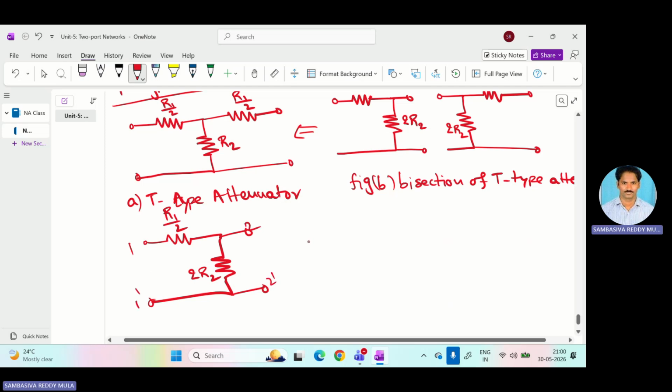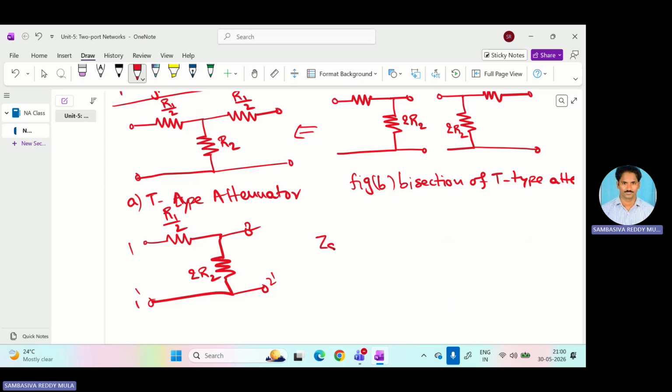Now, what is its short circuited impedance? ZSC is equal to the series arm. If you short circuit these terminals, what happens? This 2R2 will be in combination with the short circuit, so it is negligible. So RA is simply equal to R1 by 2.